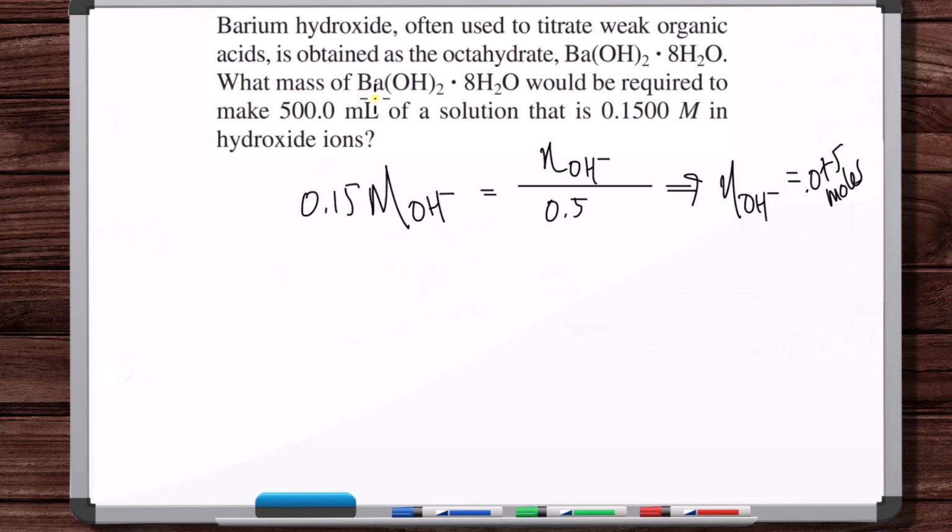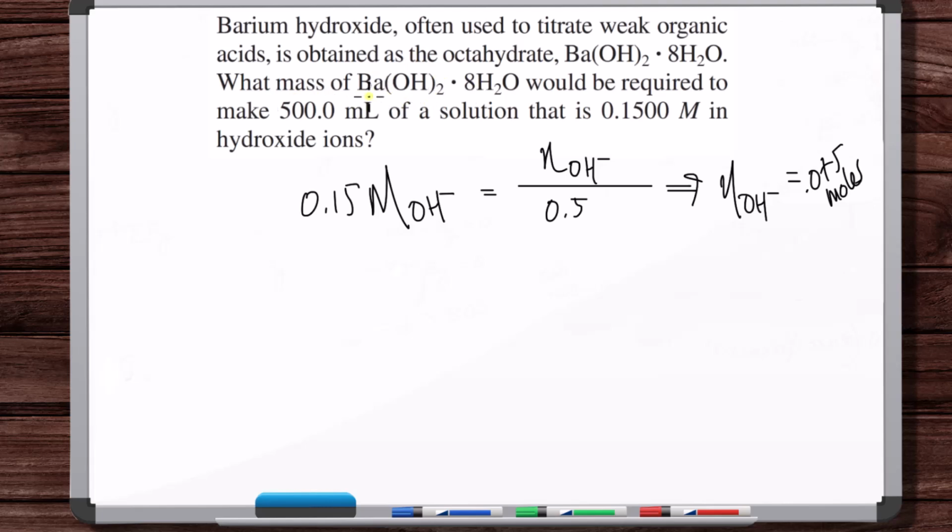If you're dissolved in water, or any liquid solvent, you're completely surrounded by and attached to the solvent molecules. You're completely hydrated in the case of an aqueous solution. So this 8H2O just gets mixed in with the rest of the water, and you're left with fully hydrated Ba2+ ions and OH- ions.